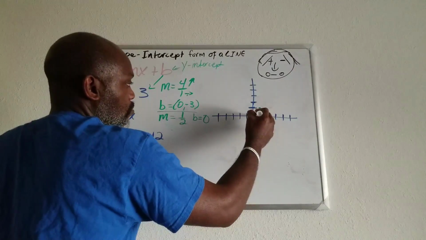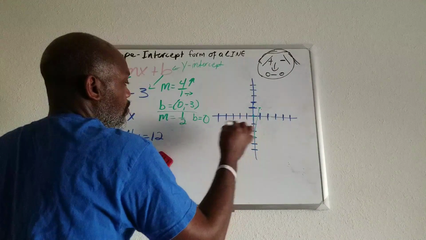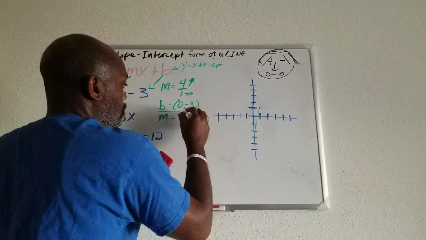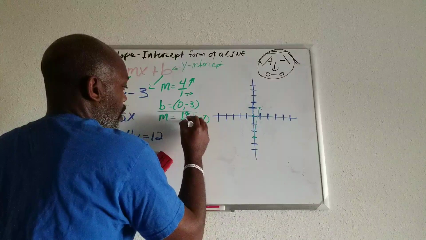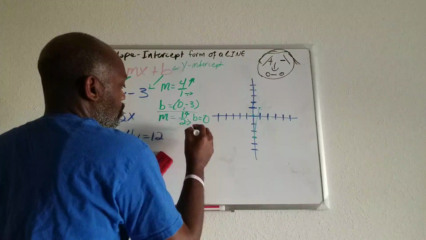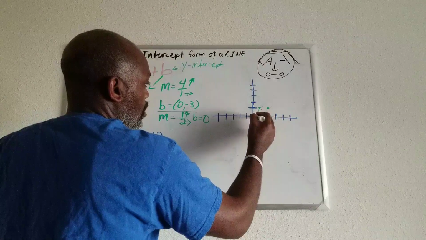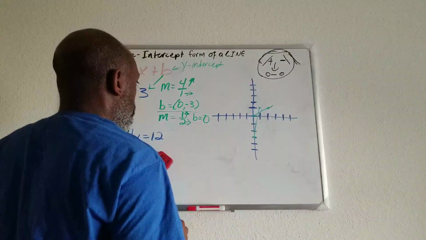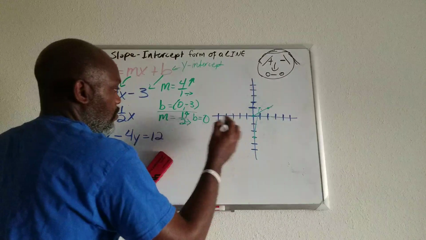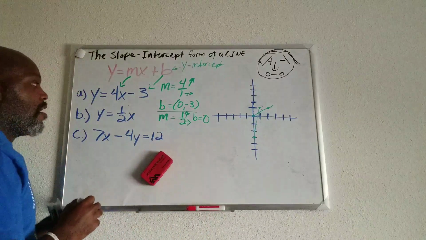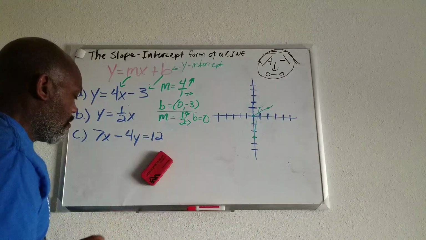So my y-intercept is going to be 0. Then I'm going to go up 1. It's supposed to be an arrow. And then to the right 2. So I'm going to go up 1 and to the right 2. And as you can see, there's another positive slope. All right? And that's how you graph those two.